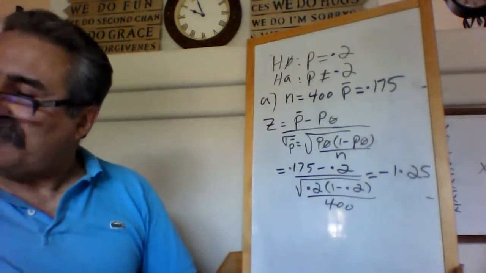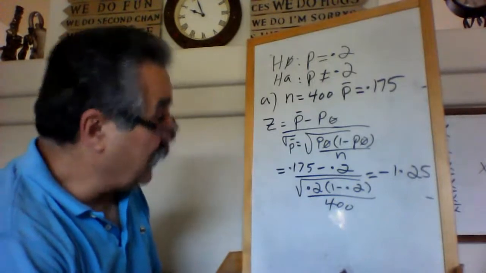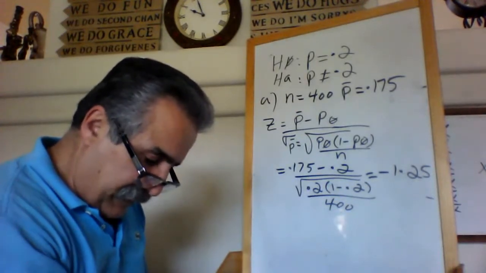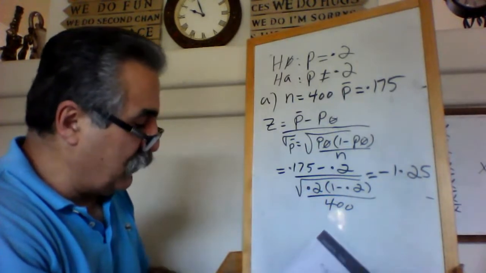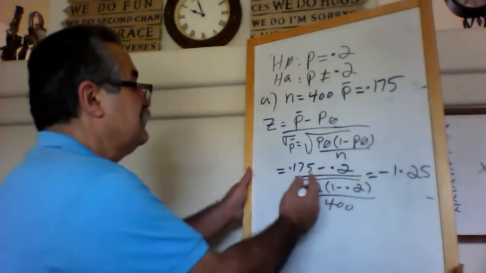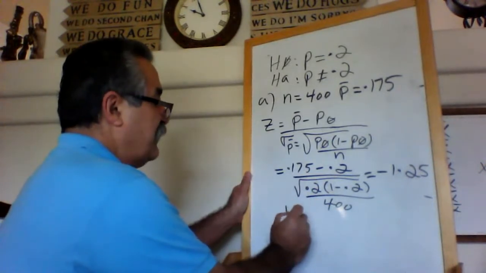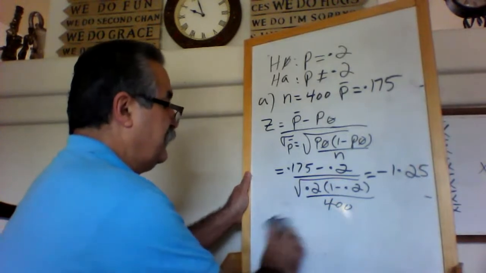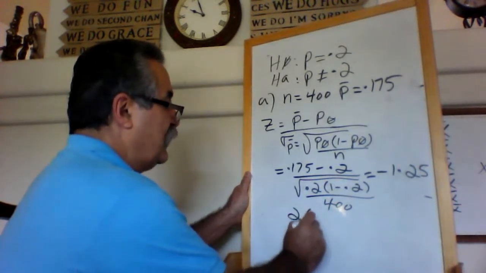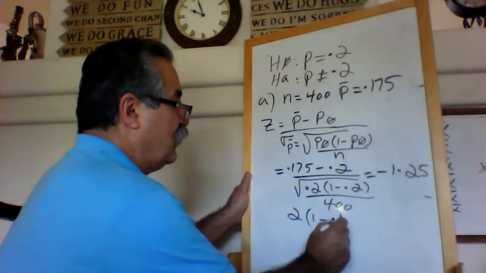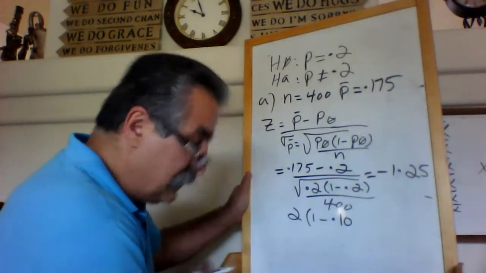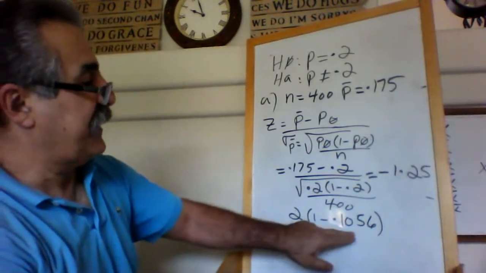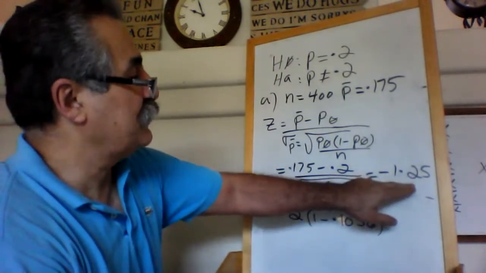For negative 1.25, the Z value is 0.1056. So we say 2 times 1 minus 0.1056.